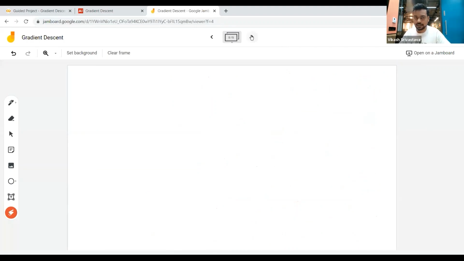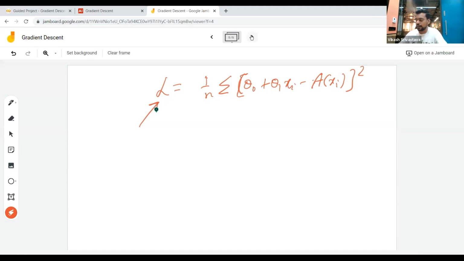So in this particular case, we have this loss function, which I'll just write again. So this is, of course, theta naught plus theta 1 xi minus a(xi), and we'll just square them up. Now the task is we need to find the minimum of this loss function, right? So what are the unknowns in this particular equation? The unknowns are theta naught and theta 1, right?